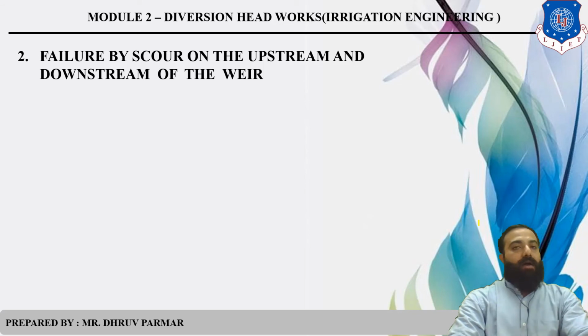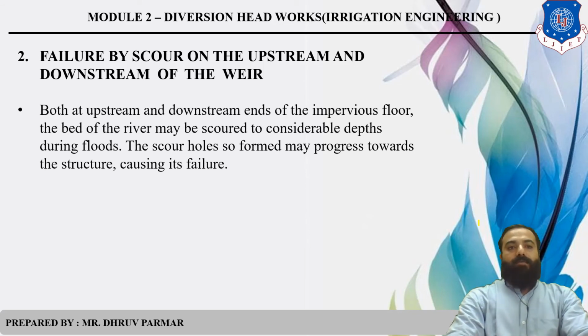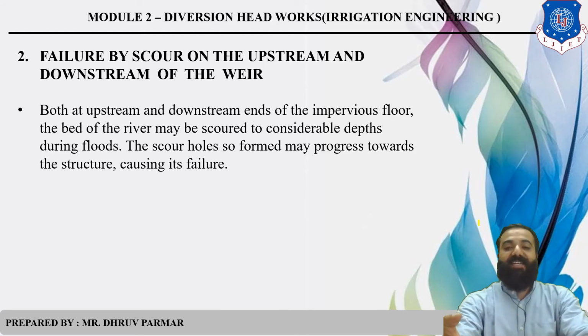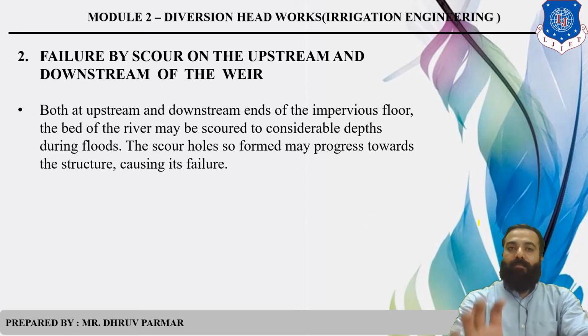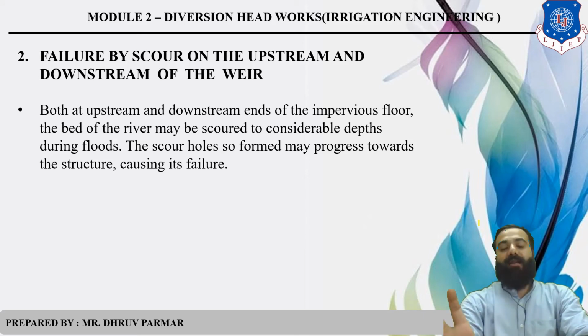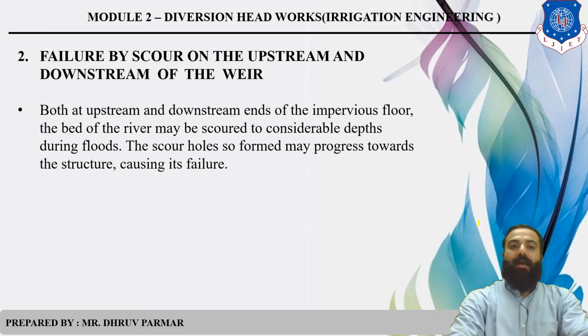Then the second failure is due to scouring on the upstream side as well as the downstream side. Obviously, both sides of the impervious floor of the river may be scoured to considerable depth during floods, meaning the intensity during the floods is very high, so scouring will occur. Scour holes, meaning small holes, occur at the face of the upstream and downstream side, and this progresses towards the structure.